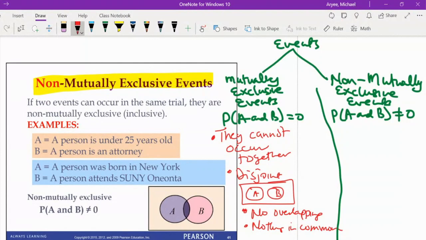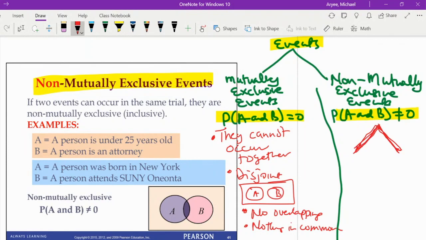So for the non-mutually exclusive events, we have P of A and B not equal to 0. So events can be classified as mutually exclusive or non-mutually exclusive. Now, today, one of the things that we are going to learn is that if it is non-mutually exclusive, we can reclassify them into two groups.